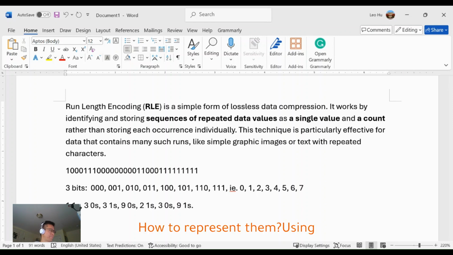How to represent them? Using 3 bits for the group, we know that we can represent at most 7 bits in a group.